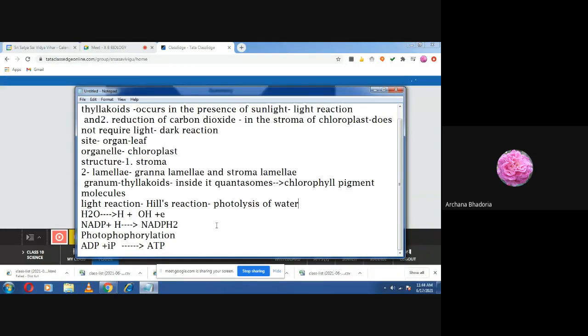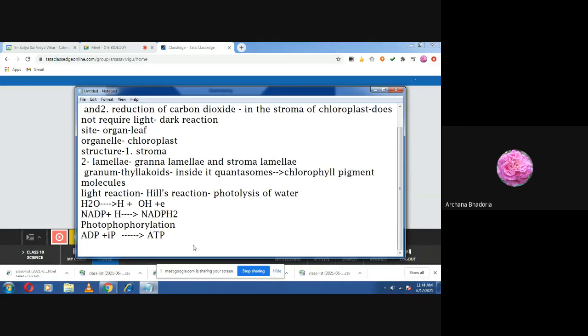Remember children, these two are only very very important for the second reaction, that is reduction of the carbon dioxide, and you call these assimilatory parts. What are the two assimilatory parts we get during the light reaction?